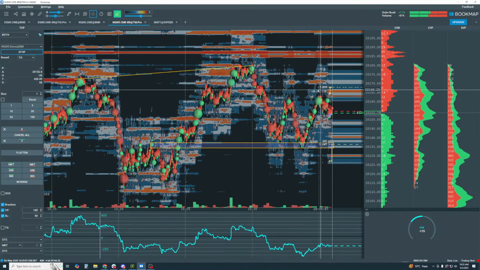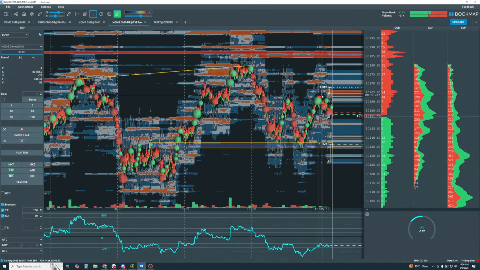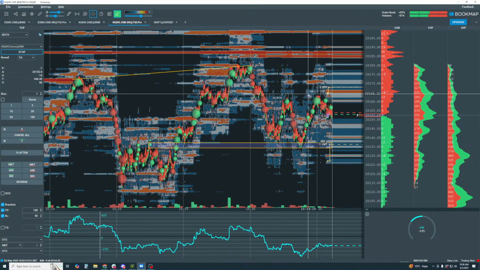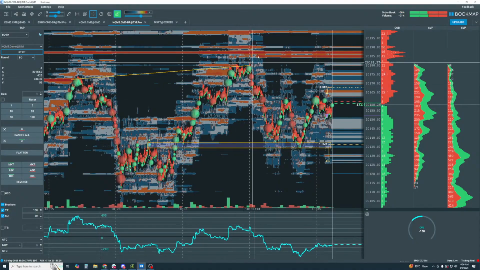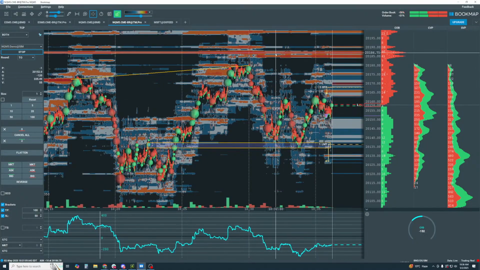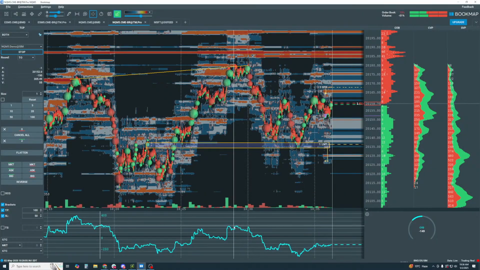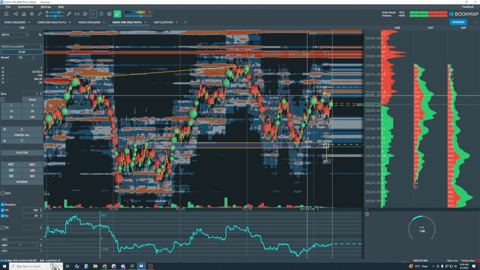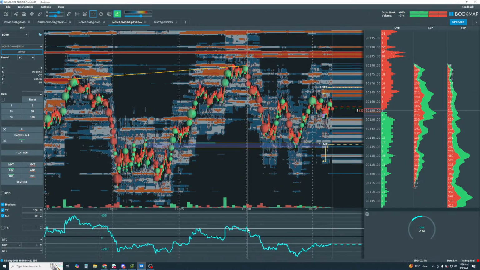Because I think we have to be very careful with cumulative volume delta and indicators. We're making a higher high here, and there is buying interest, and we haven't traded up to the high liquidity up in these areas here. So it has nothing to do with divergence, right? If there's buying interest right now in these areas in here, it doesn't matter how divergent this is.